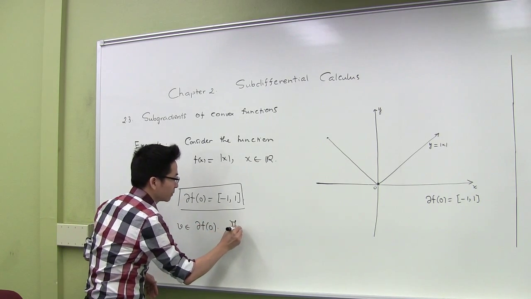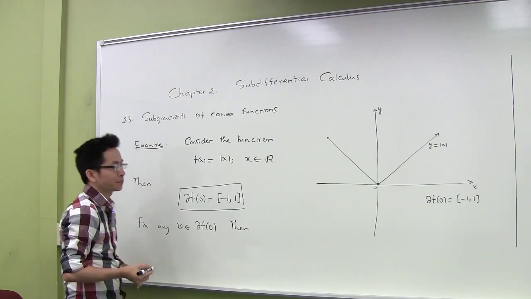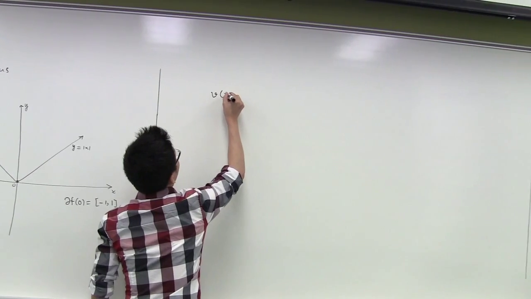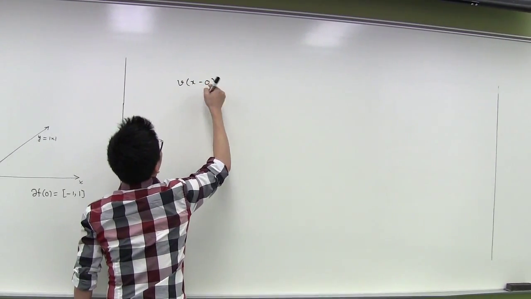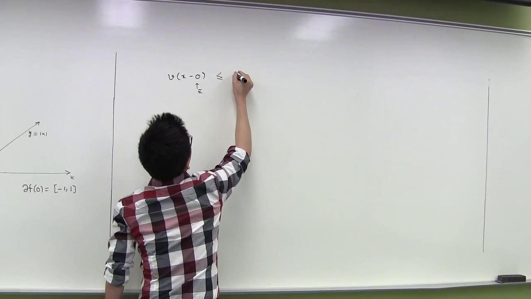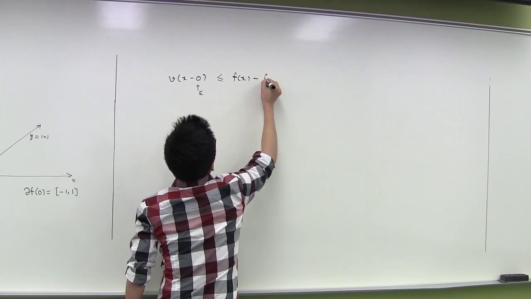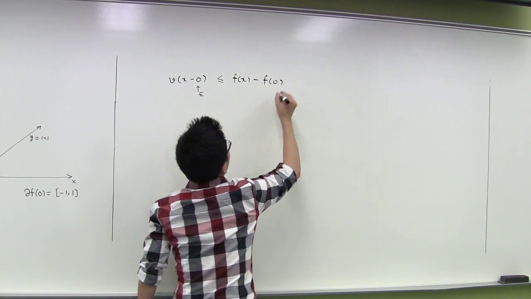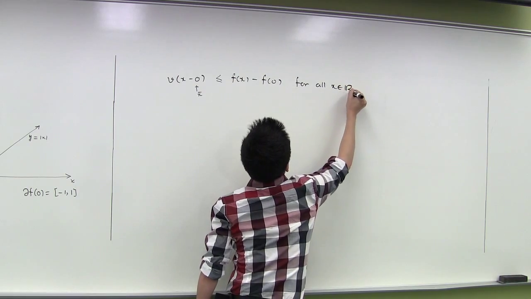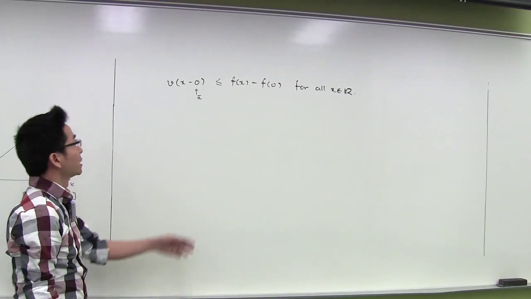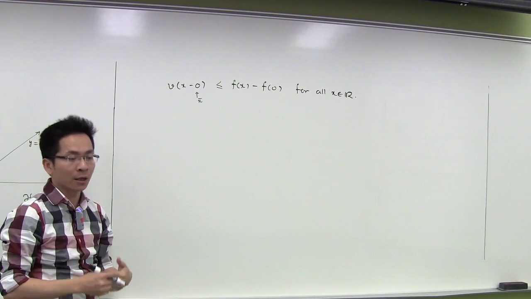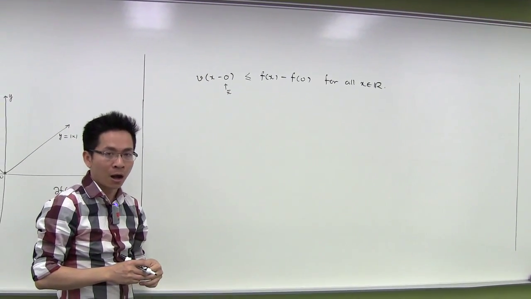Then by the definition, we have the following: v times x minus 0, since x bar in this situation is 0, is less than or equal to f of x minus f of 0, and this is true for all x in R. Note that the inner product becomes the usual product because this function is defined on the real line.